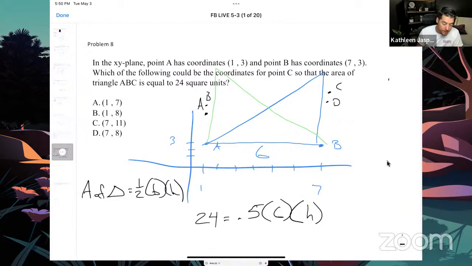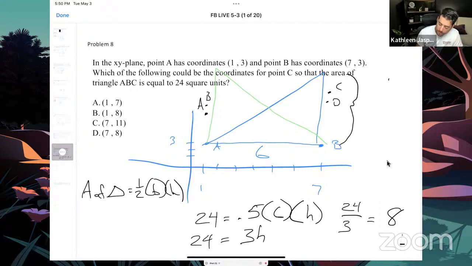So I've got 24 is equal to 0.5 times 6, which is 3. And then my height. So then divide, let's do over here, 24 divided by 3 is going to give me a height of 8. So what that means is this: from here to here, I need to find 8, or from here to here, I need to find 8.